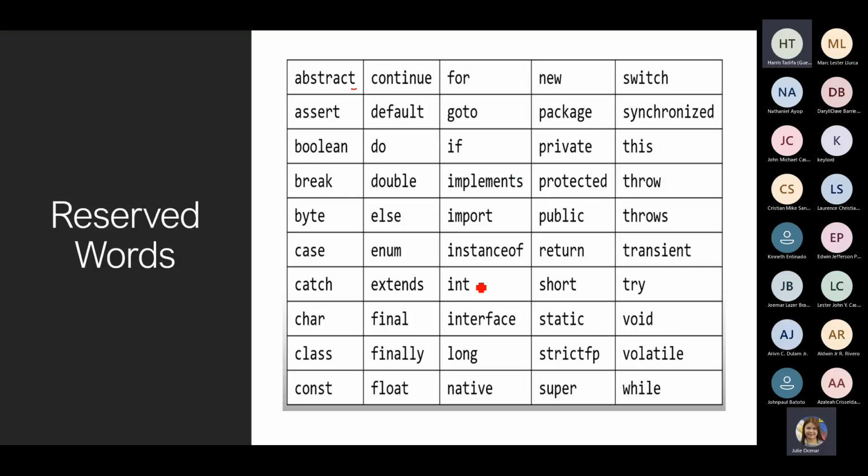Okay? So the Java language designates certain words that the compiler recognizes as reserved words. So the following table lists all the reserved words in Java. Okay, static, int, interface, finally, float. Ito yung mga reserved words na hindi natin pwedeng gamitin as identifier name.